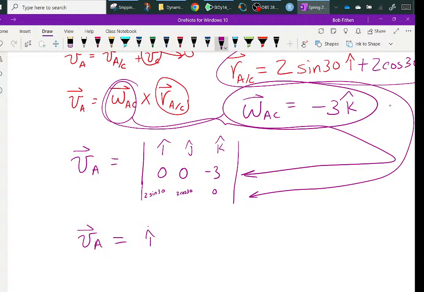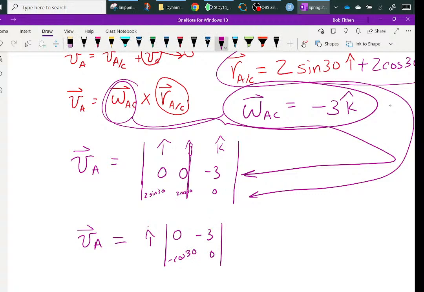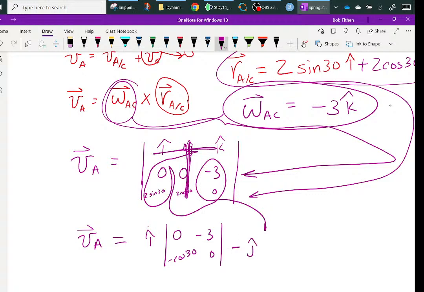I take the cofactor expansion, so I kill off this, and then take this and put it next to it. 0, minus 3, 2 cosine 30, and 0. And then I kill off these two, and I take these two, but I've got to make sure it's minus 0, minus 3, 2 sine of 30, and then 0.